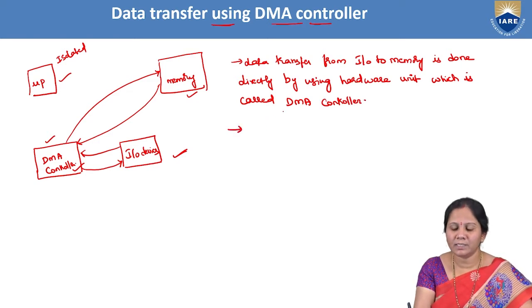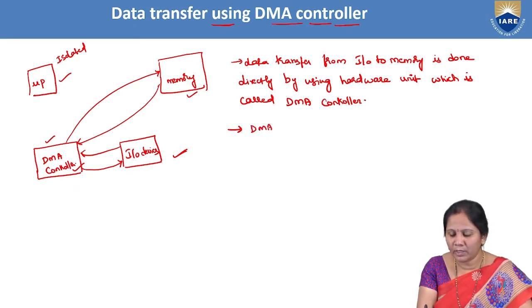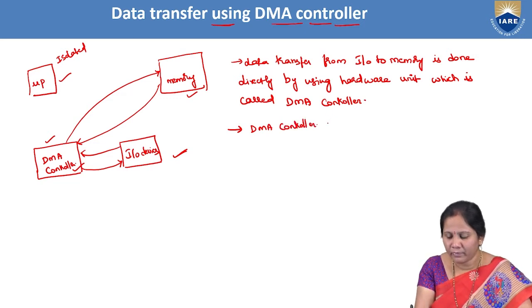This is the main advantage of using the DMA controller. Here the data rate is also fast compared to the conventional method. The speed of operation will be high. So this DMA controller is used for data transfer.